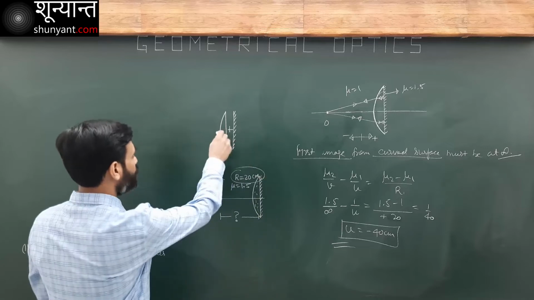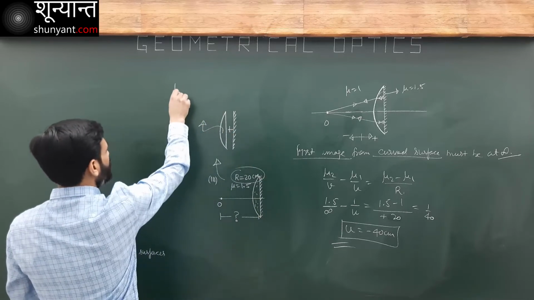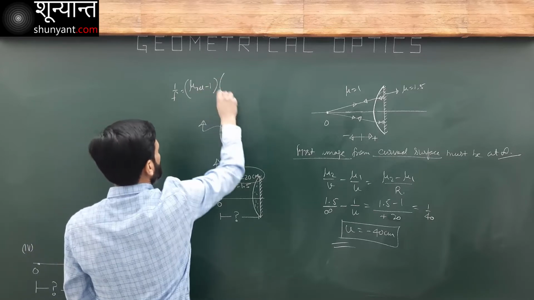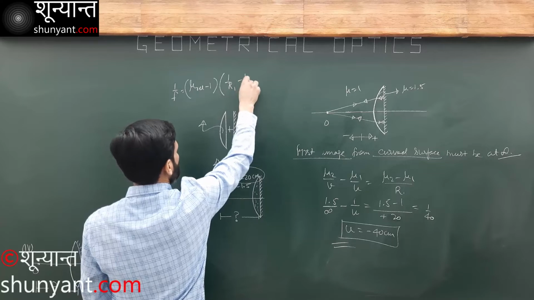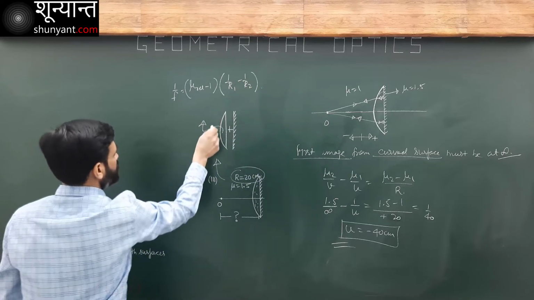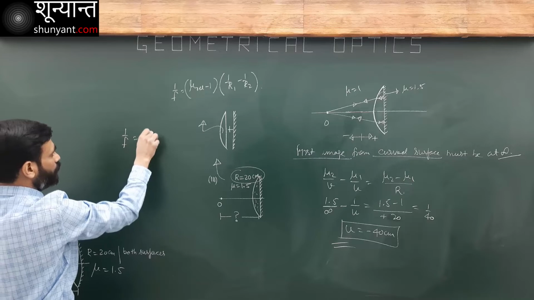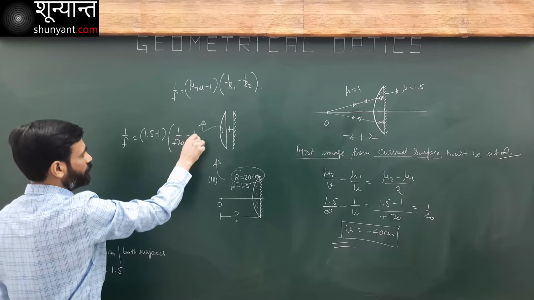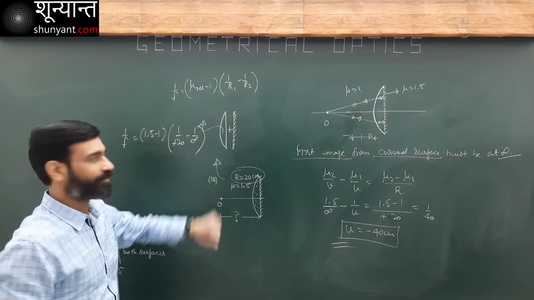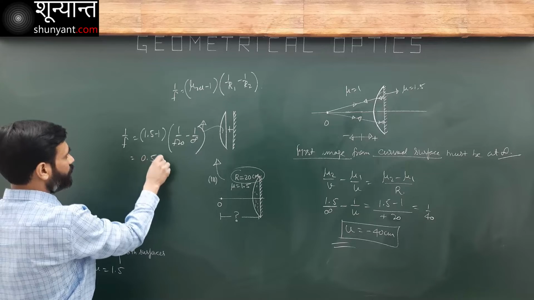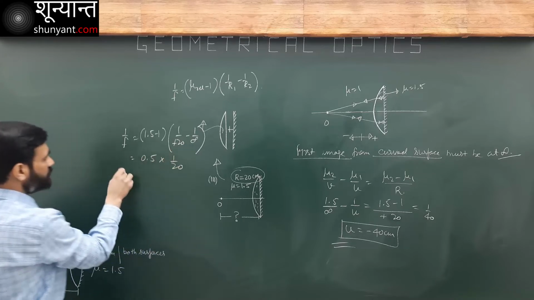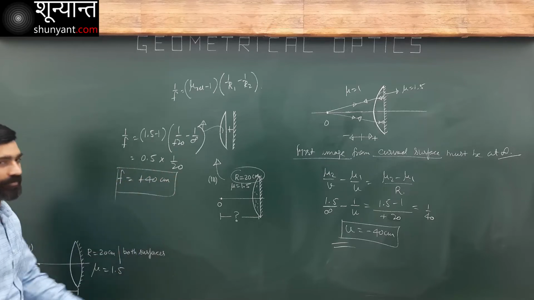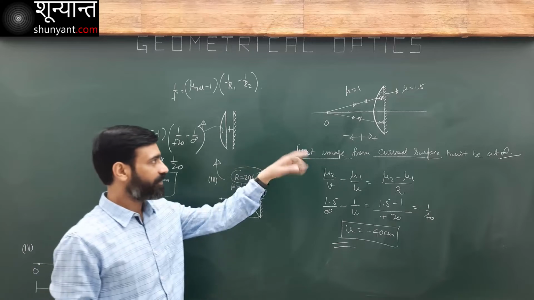What will be the focal length of this lens? 1 over f is (mu relative minus 1) times (1 over R1 minus 1 over R2). So 1 over f is (1.5 minus 1) times (1 over plus 20 minus 1 over infinity). This is a plane surface here. This is 0.5 times 1 over 20, so the focal length becomes plus 40 centimeter. Now, I want my image at infinity.